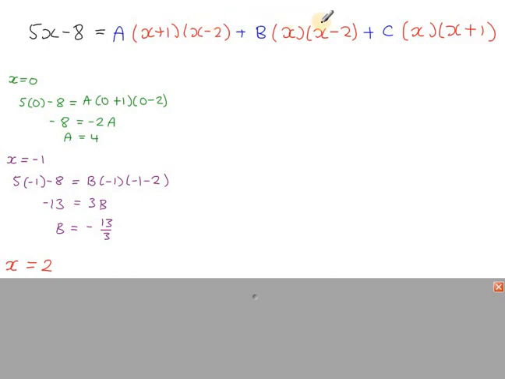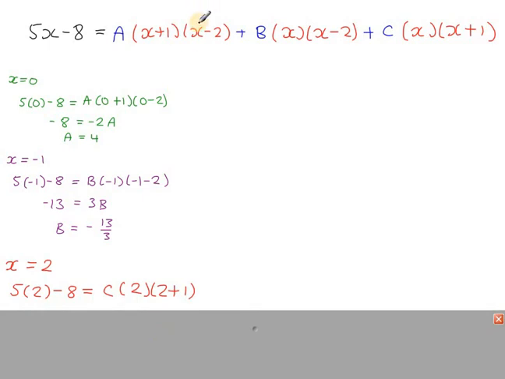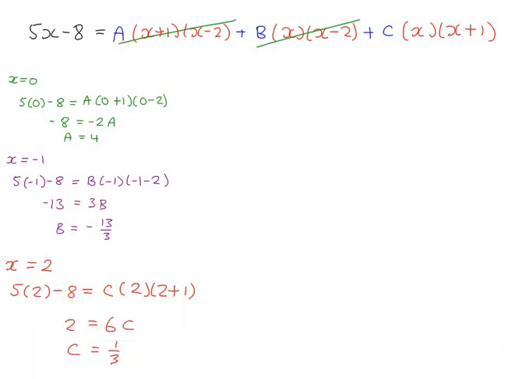If we can make the x minus 2 equal to 0, then it will eliminate those two terms. So substitute in x equals 2, that factor is 0 times the rest is 0. Substitute in x equals 2 here, that factor is 0 times the rest is 0, and we get C is equal to 1/3.